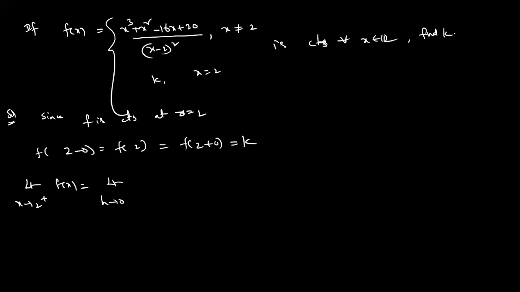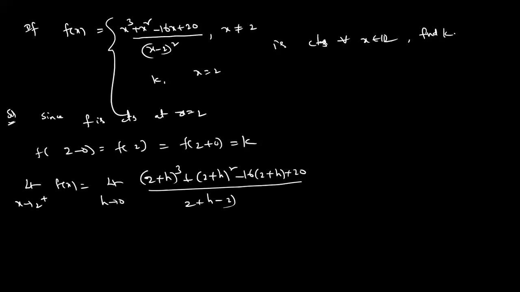Limit h tends to 0 of (2 plus h) whole cube plus (2 plus h) whole square by (2 plus h minus 2) whole square is equal to k.